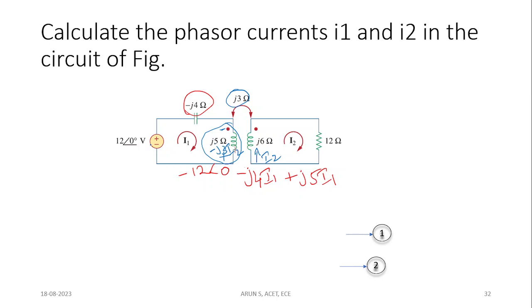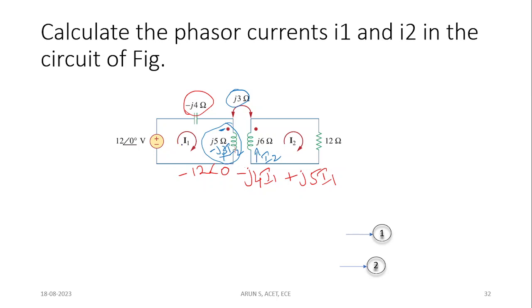Even though it is in loop 1, there is no connection between loop 1 and loop 2. Due to the current I2 flowing through J6, there is an induced voltage across J5, and the positive and negative polarity is written based on the dot convention. As I already told, the dot convention video link is available. So now we know the polarity, minus and plus.